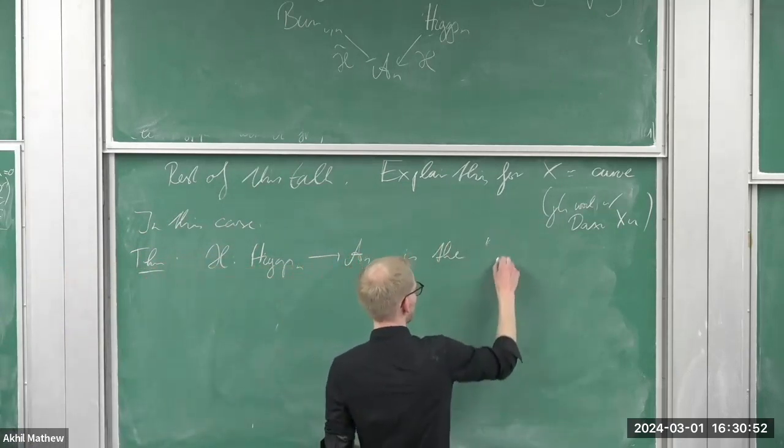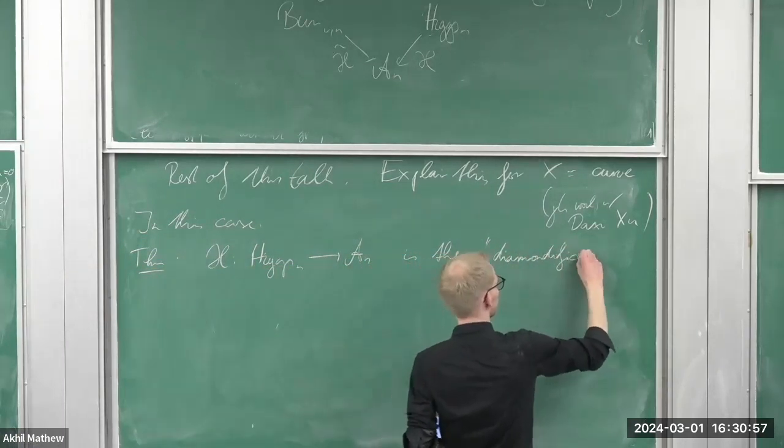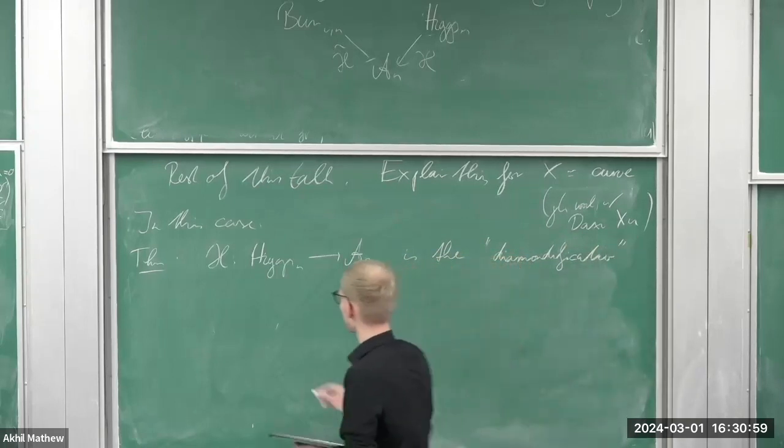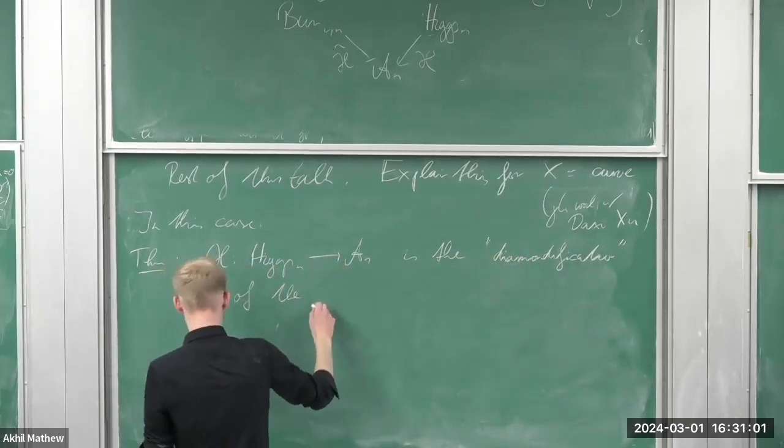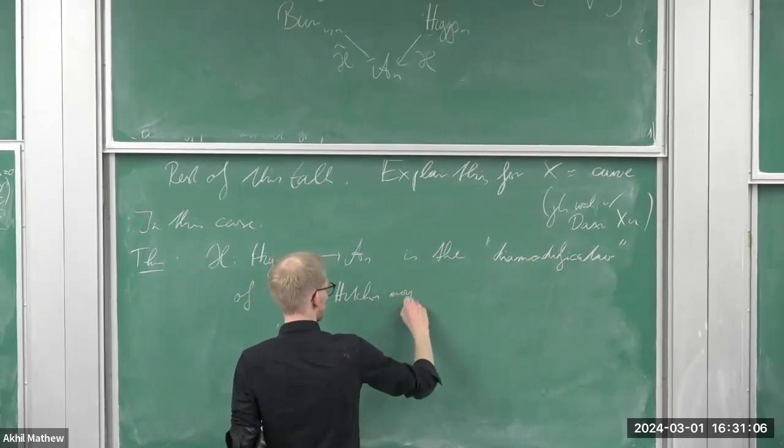And this only possible way is called diamondification of the Hitchin morphism in algebraic settings.